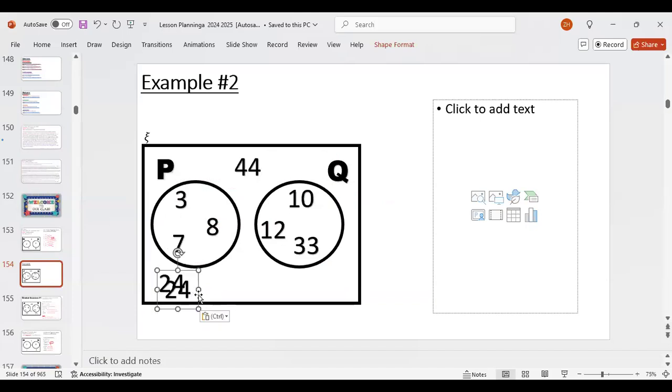You said 13, but you put 33? Yes, let's use 13. And 53. And 72.